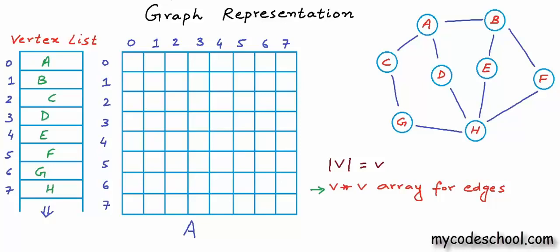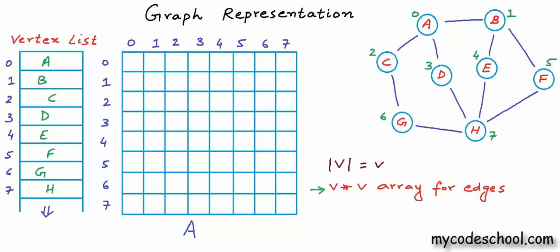And if we have a value or index between 0 and v minus 1 for each vertex, which we have here, if we are storing the vertices in a vertex list, then we have an index between 0 and v minus 1 for each vertex. We can say that A is 0th node, B is 1st node, C is 2nd node, and so on.